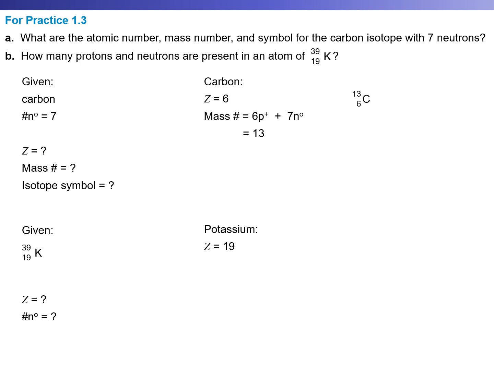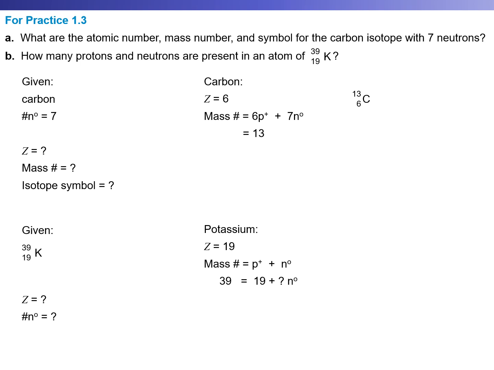Now, in order to figure out the number of neutrons for this isotope, we're going to have to use the equation that relates the mass of this isotope to the number of protons and the number of neutrons. So if we drop in the numbers of what we know, we have a mass number of 39, we have 19 protons, and we don't know the number of neutrons.